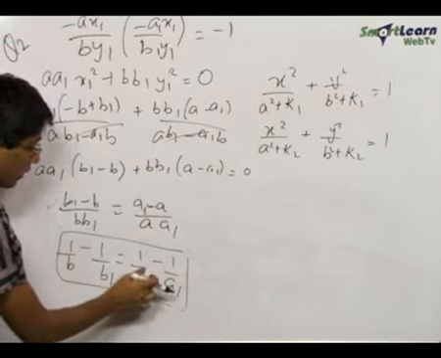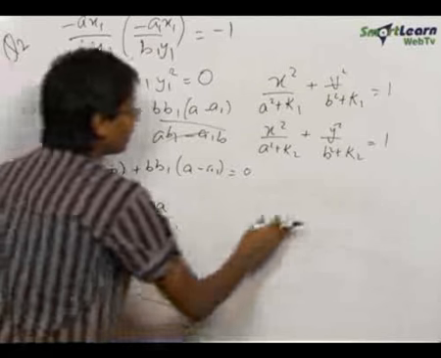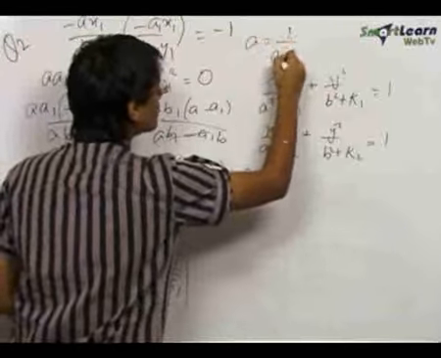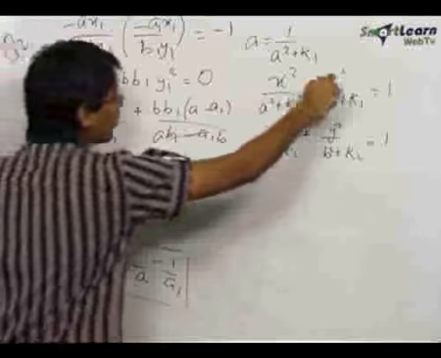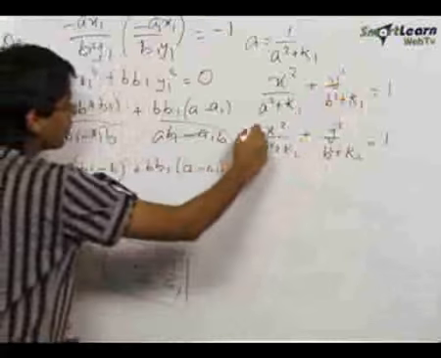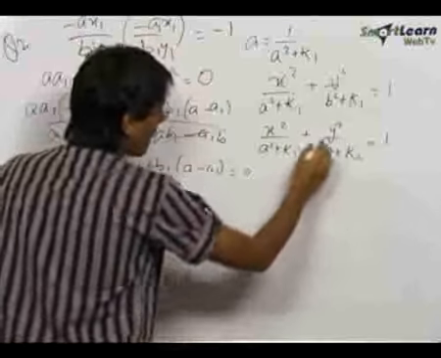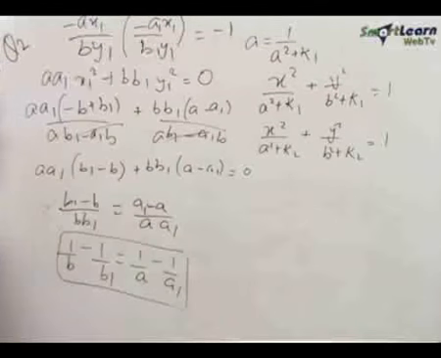So we'll use the relation and try to see whether this is equal to this or not. Our a in this case is 1/(a² + k1), and our b is 1/(b² + k1), and similarly this is 1/(a² + k2), which is a1, and this is 1/(b² + k2), which is b1.